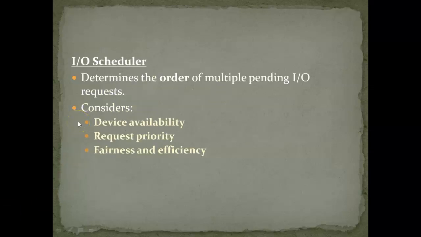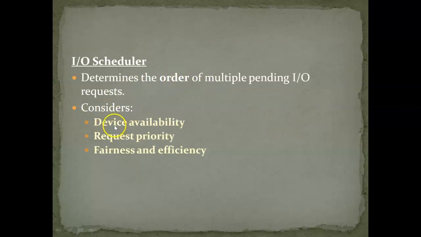This input output scheduler, what is this? This is the method used by your operating system to determine the order in which the input output requests are to be processed, especially to the devices like hard disk and all. So it is the method that determines the order of the request.